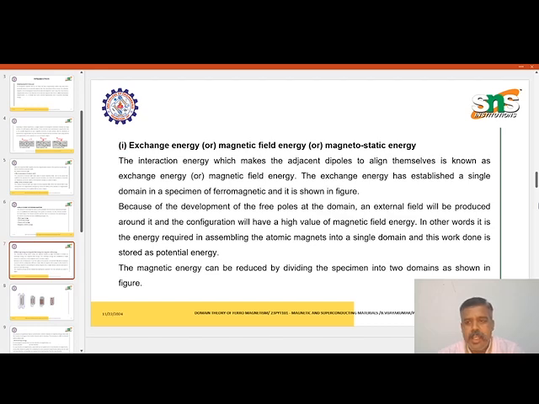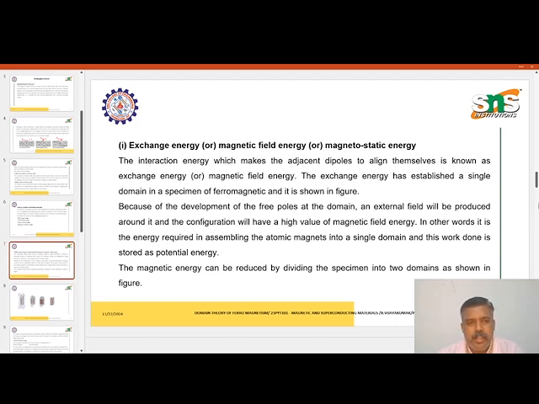The exchange energy establishes a single domain in a specimen of ferromagnetic material, as shown in the figure. The development of free poles at the domain produces an external field around it, and the configuration will have a high value of magnetic field energy.